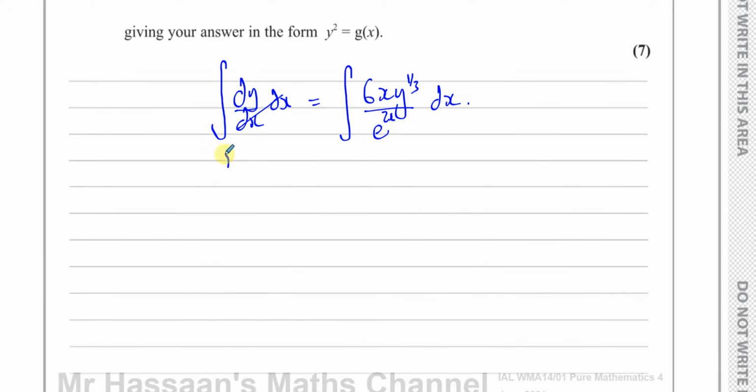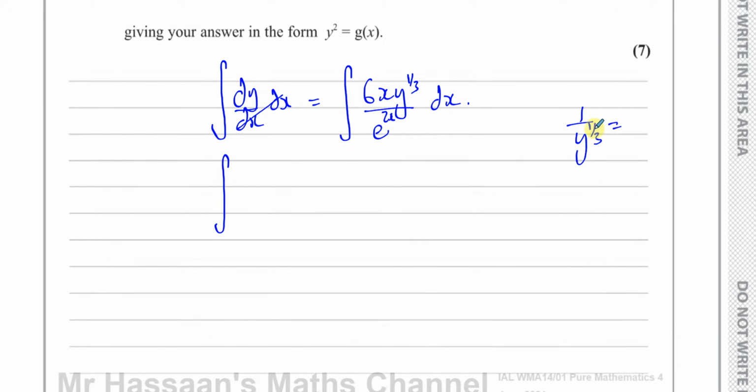So basically this dy cancels out, and on this side where you've got the dy, all the y terms should end up. So here you have y to the power of a third, which is on the side where it says dx. We want this to end up on the side where it says dy. So we can divide both sides by y to the power of a third. Now, if you divide 1 by y to the power of a third, you get 1 over y to the power of a third.